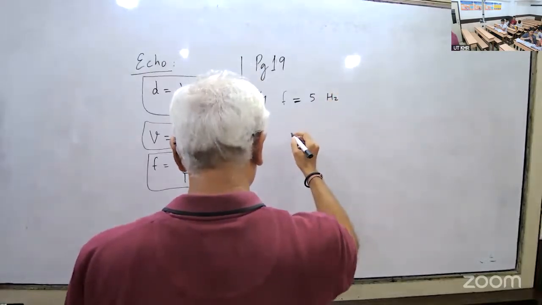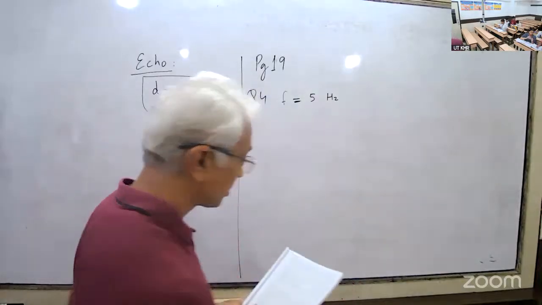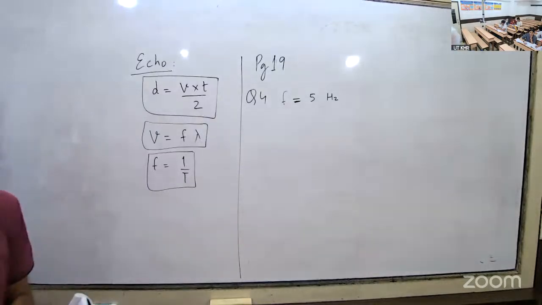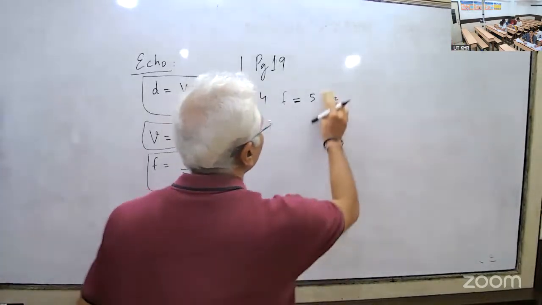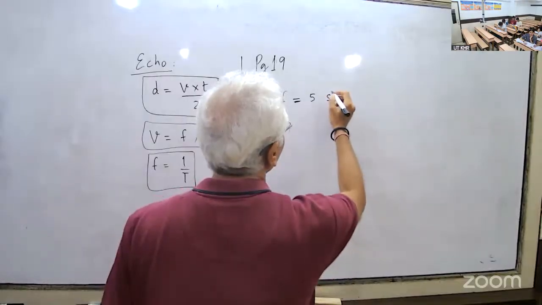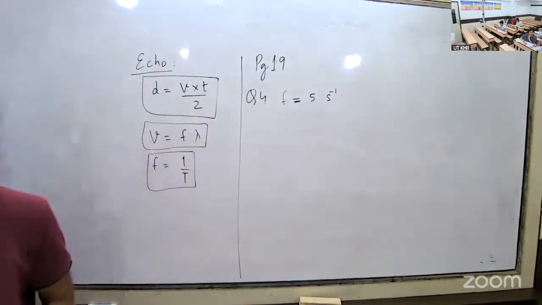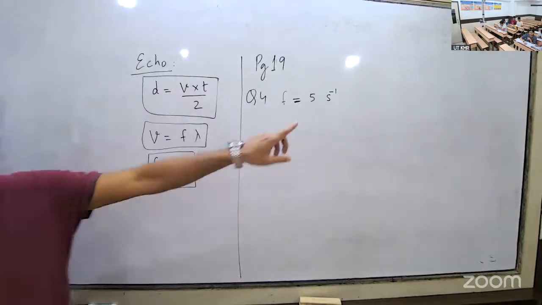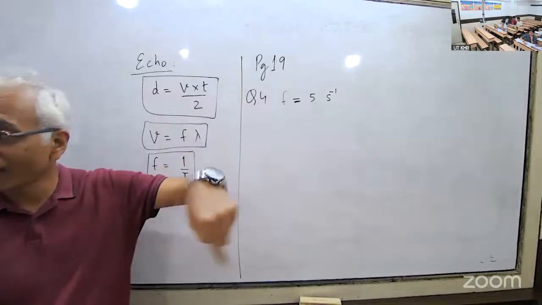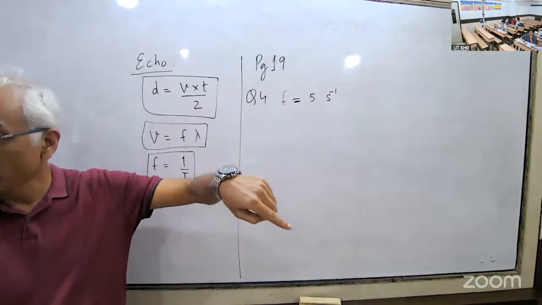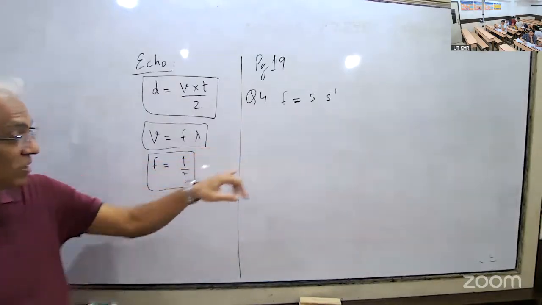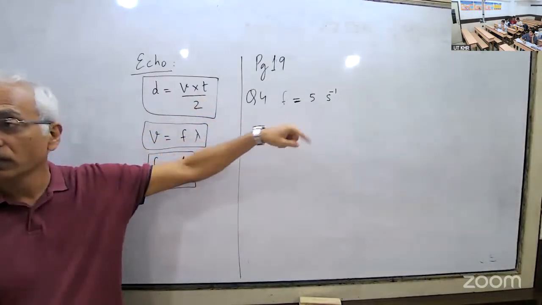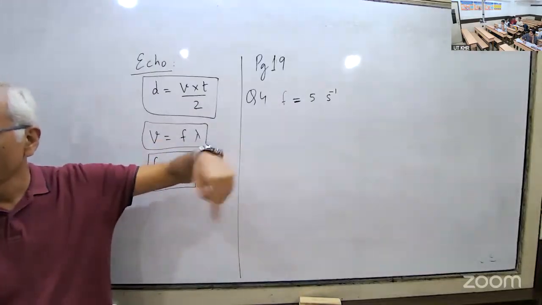Then the observer starts the pendulum and the bar simultaneously. That means here you are actually measuring time in terms of frequency. Whenever the pendulum completes 5 vibrations, 1 second is completed. When it completes 10, 2 seconds. So time is measured by vibrations of the pendulum.